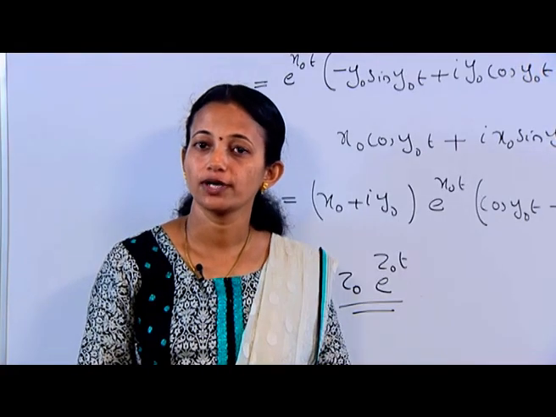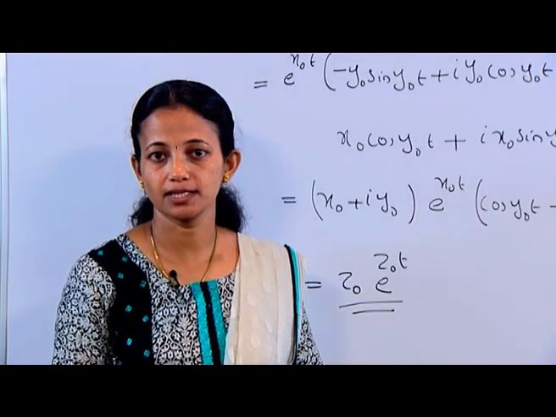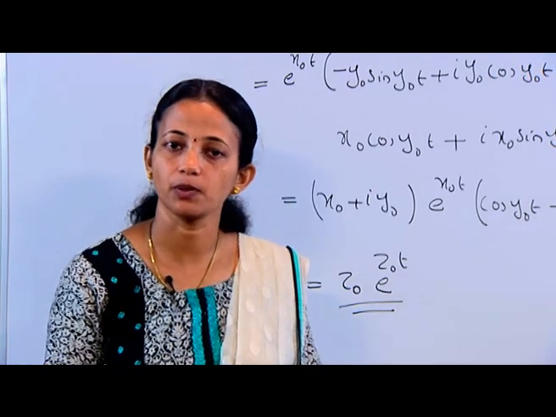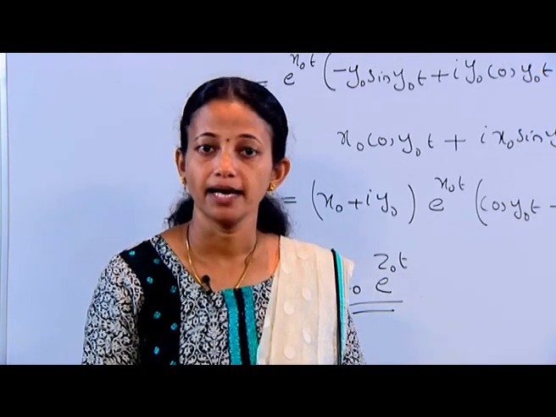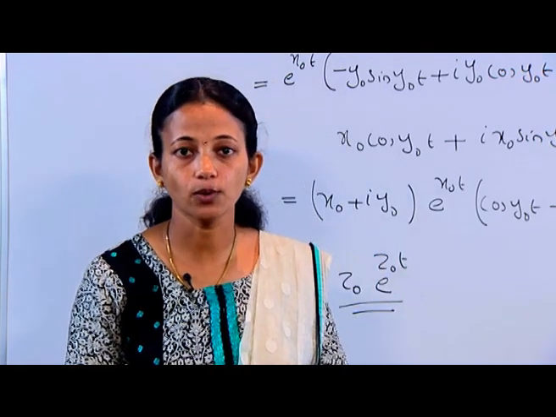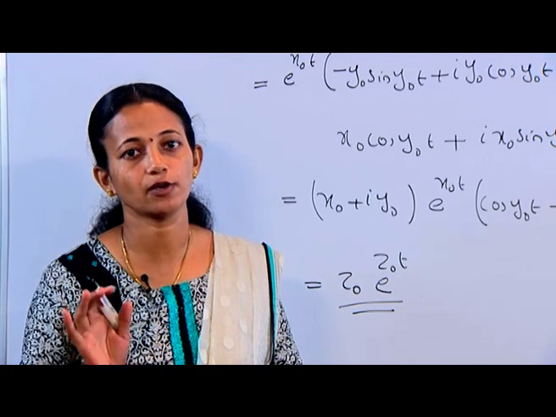Not every rule for derivatives in calculus carries over to functions of the form w(t) is equal to u(t) plus i v(t). For example, a result similar to the mean value theorem in calculus does not hold in the case of complex valued functions.